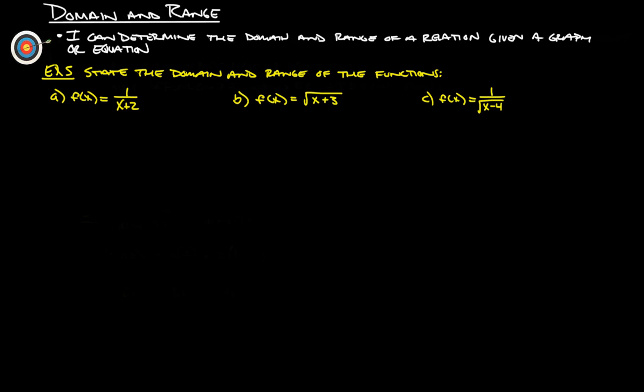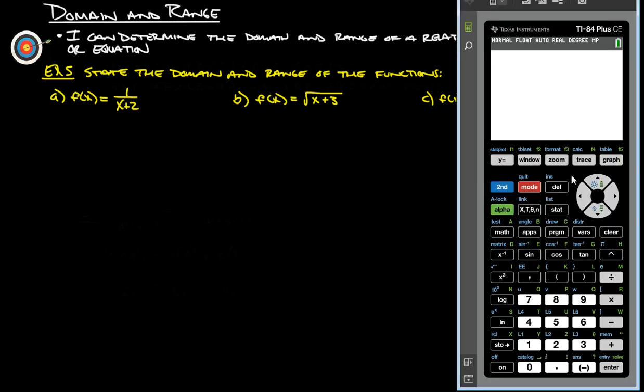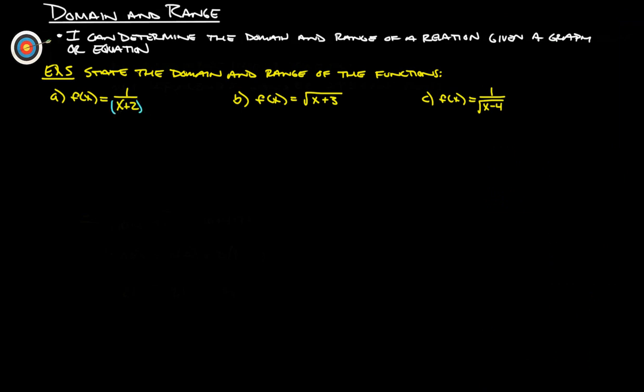I'm going to suggest, at least for better understanding on this, let's graph this. Whenever you want to graph, you want to do y equals. There's possibly going to be some other stuff in there, so you want to clear those out, and then we're going to enter this in here. So we're going to do 1 divided by, now this is super important, you want to divide by the x and the 2, so we have to put parentheses around that.